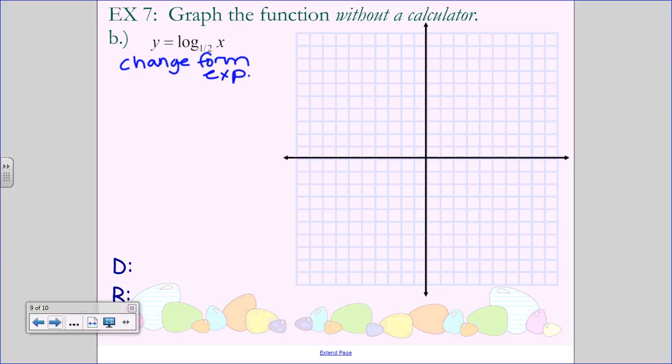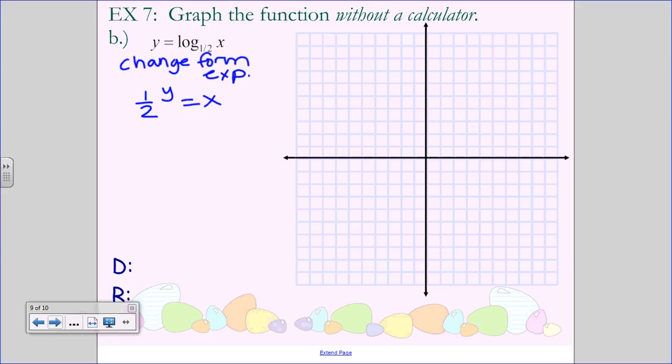Okay. This makes it easier if we plug in x's here. You have to think about which x's that you can plug in that you can find y's for. So it's easier to think about it in the exponential form. Okay. So the base of this log is 1/2, and so it's 1/2 to the y equals x.